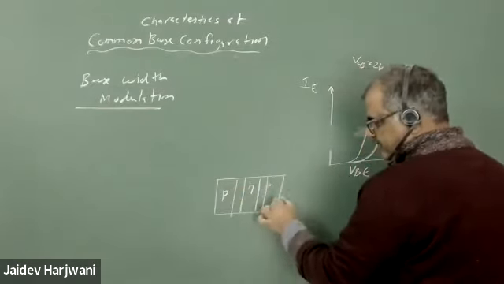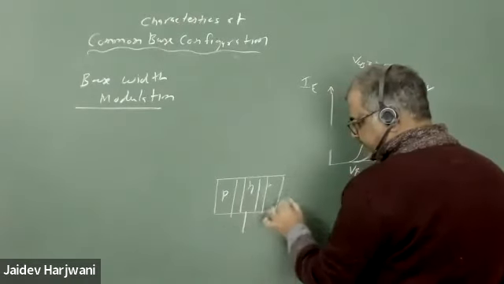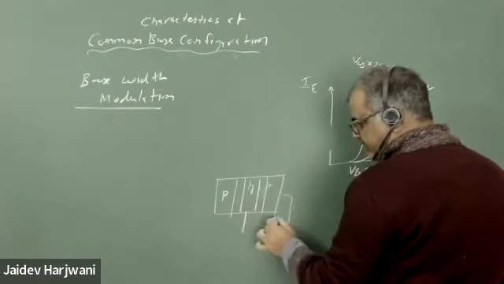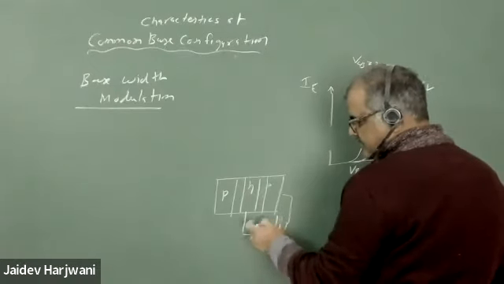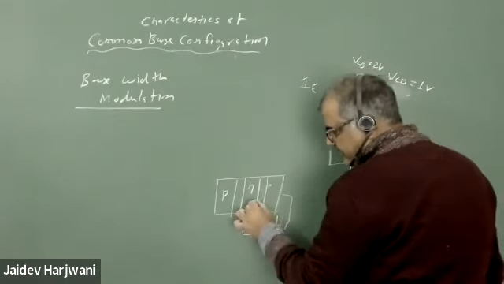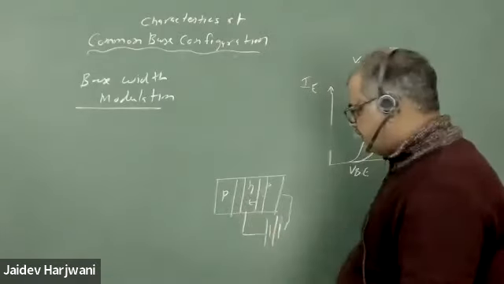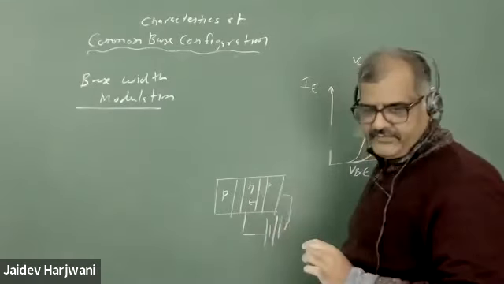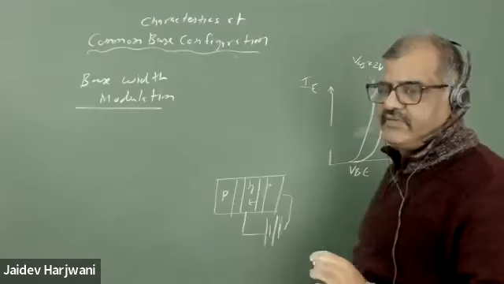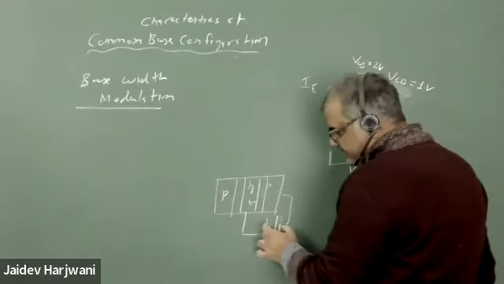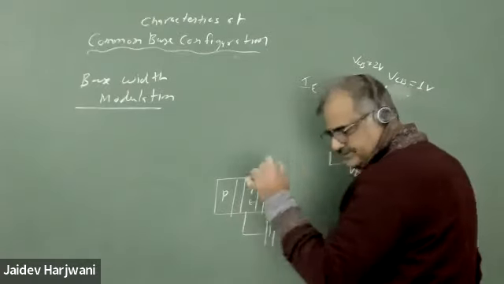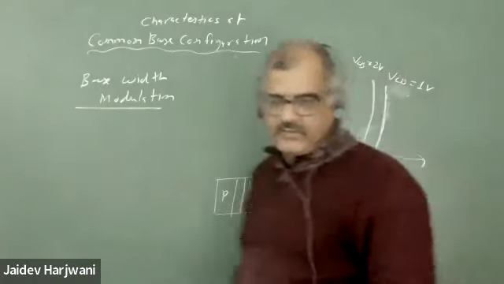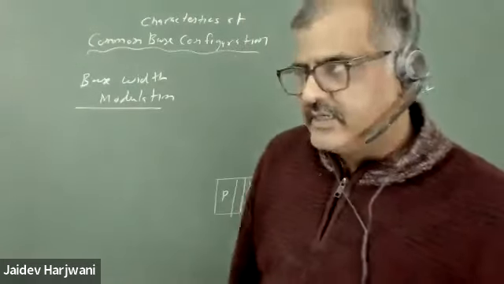Now suppose I am making this junction more and more reverse biased, then what will happen? This junction layer width will increase, isn't it? Does it increase or decrease when I have a reverse bias? When we're increasing the reverse bias, this layer will increase. So automatically this base width will decrease. The effective base width will decrease.